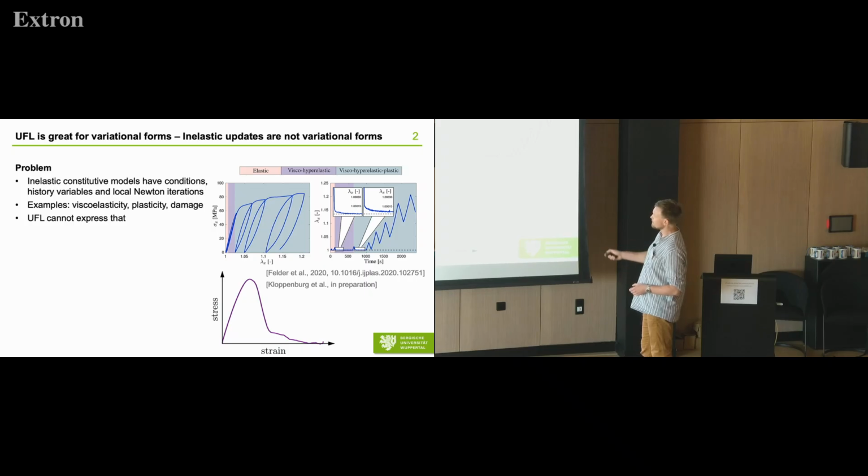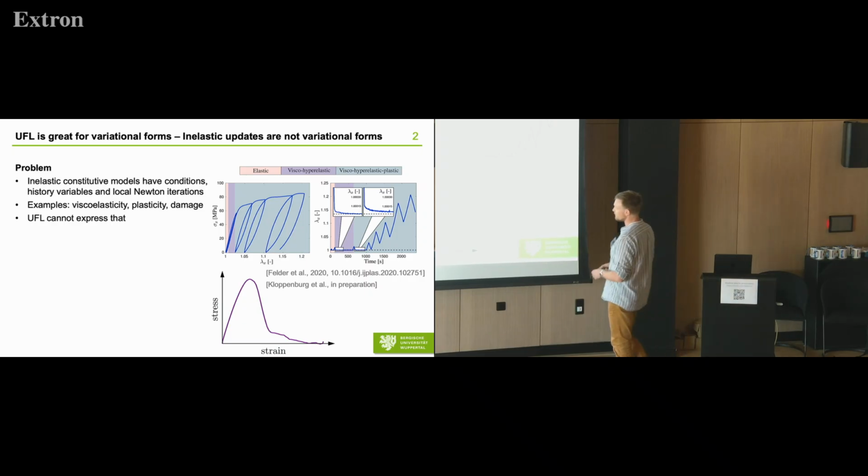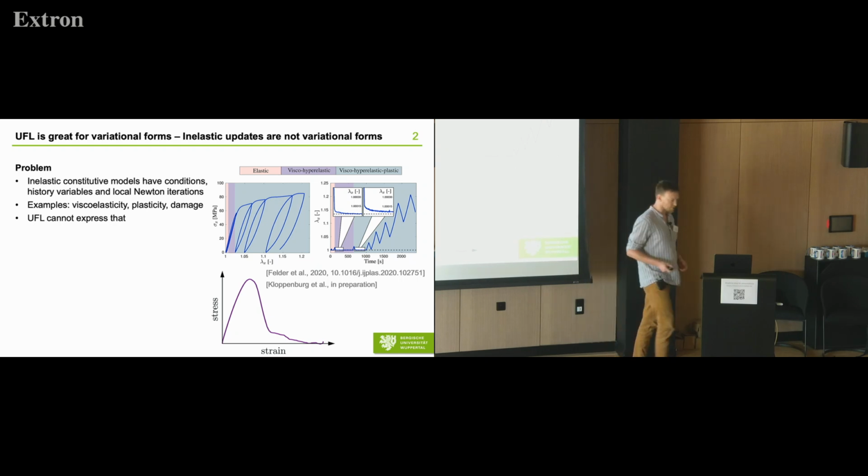And then you get severe plastic deformations going up to a stretch of 1.2, so definitely finite deformations. Same holds for, in this case, an example of uniaxial tension in a paperboard sample where you get severe damage and damage localization. So all that material behavior cannot be properly expressed in UFL.